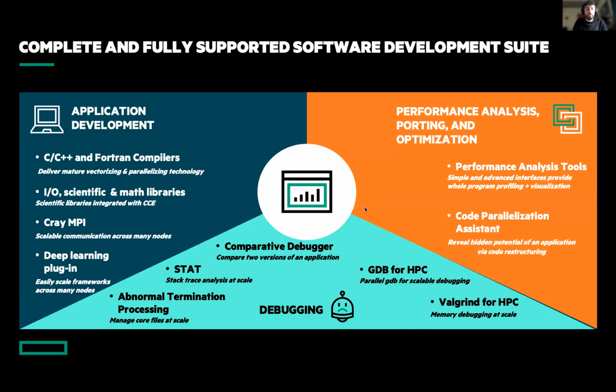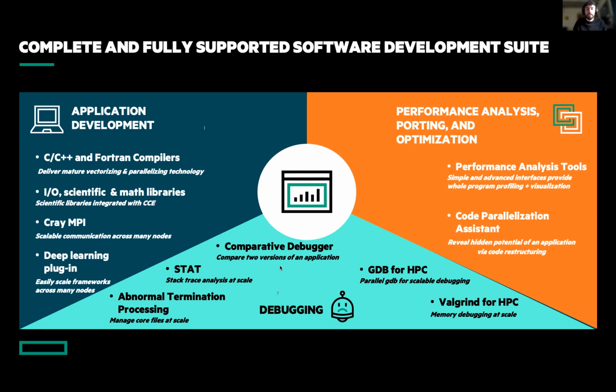So, a small picture overview of what we have here. You have support for application development, so that's your compilers for C, C++, Fortran. You have I/O, scientific and math libraries. We have MPI, a deep learning plugin. Then on the debugging side, we've got a comparative debugger, STAT, and other tools for analyzing abnormal termination processing, ATP.